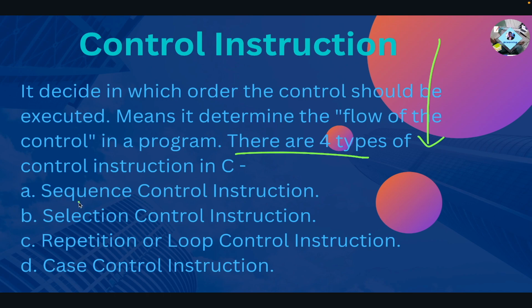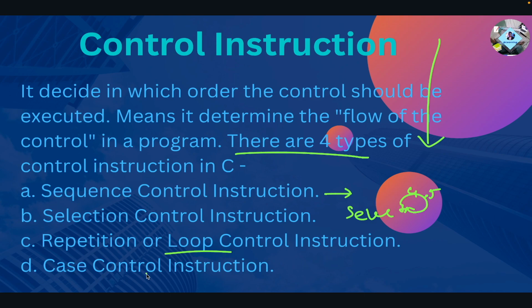The first one is sequence control flow, which executes sequentially one by one. Then selection control flow, which selects what will be executed first. Then repetition or loop, where the same instruction will be executed many times, maybe 4 times, maybe 5 times. I will show you everything in the coming video, don't worry.